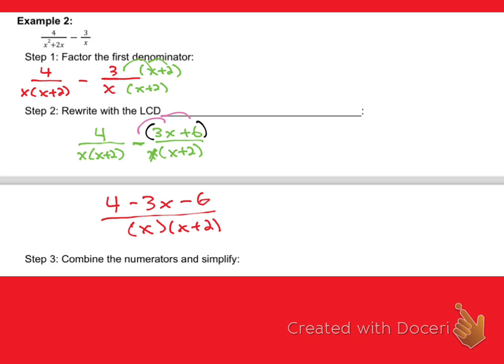Just like when we're subtracting polynomials, distribute that negative and combine like terms to help prevent mistakes. So that'll give us negative 2 minus 3x over x times x plus 2.